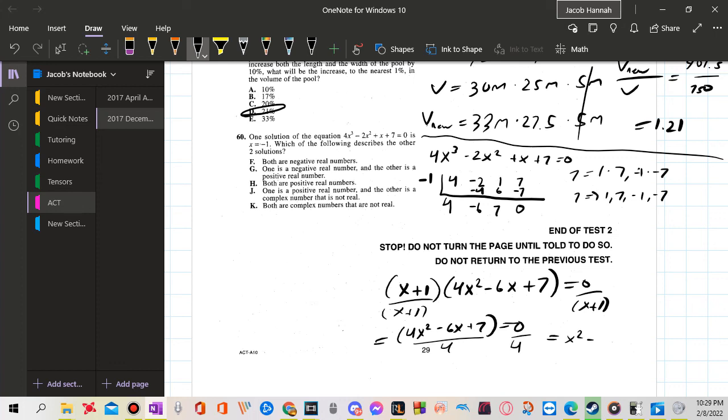X squared minus 6x divided by 4 plus 7 divided by 4 equals 0. Let me bring this over here. So let's subtract 7/4 from both sides. Alright, let's simplify this to 3 over 2, x equals -7/4.